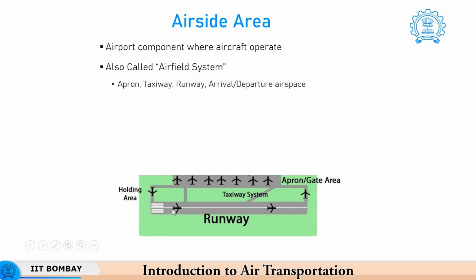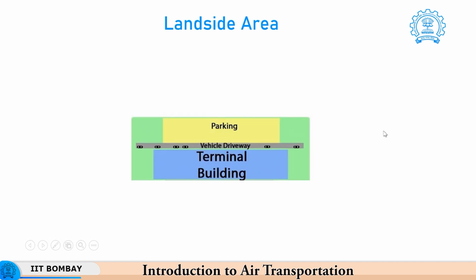Only when an aircraft exits the runway to the taxiway, only then we allow the next one to enter. Till that time they have to wait in this area which is called as the holding area. And then after runway there is a arrival and departure airspace. This will be the arrival airspace, this will be the departure airspace. Both of these are also part of the airside area.